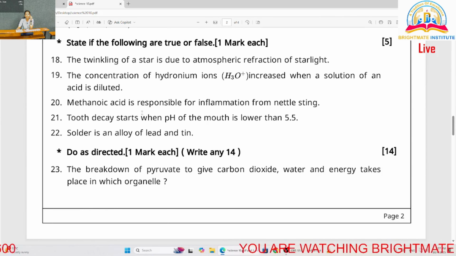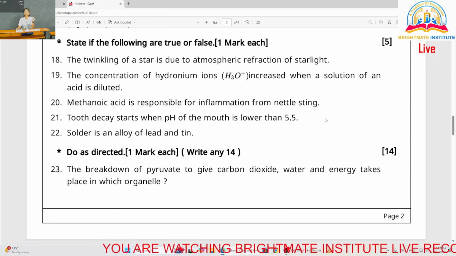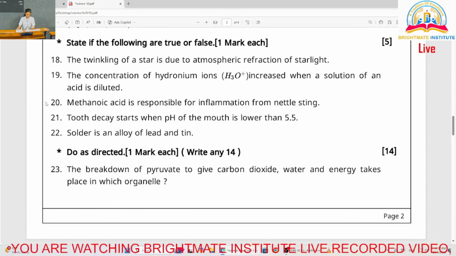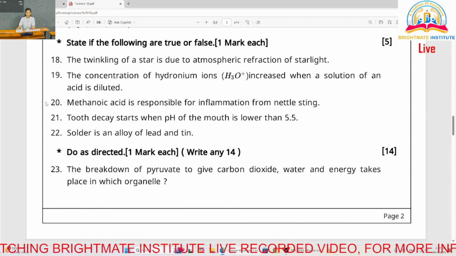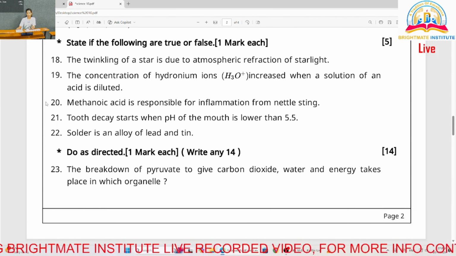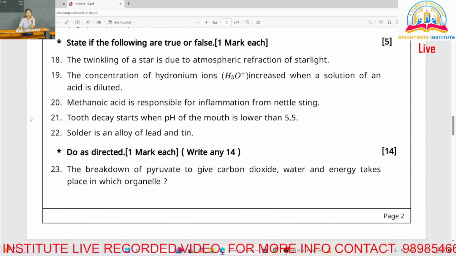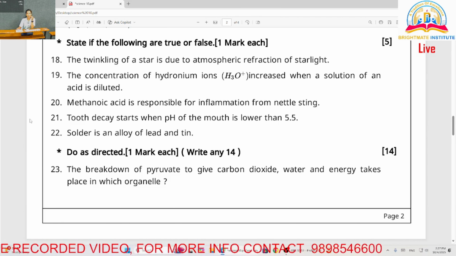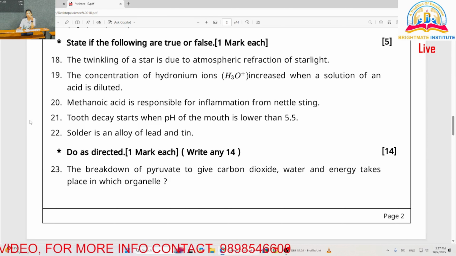That acid is methanoic acid, and the statement is true. 21: tooth decay starts when the pH of the mouth is lower than 5.5. Yes, it is correct, because the normal pH of the mouth is about 5.5, and if we don't brush our teeth, bacteria grow and the germs secrete acid, and the pH becomes more acidic.